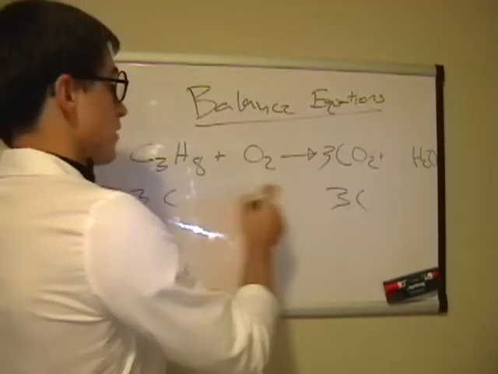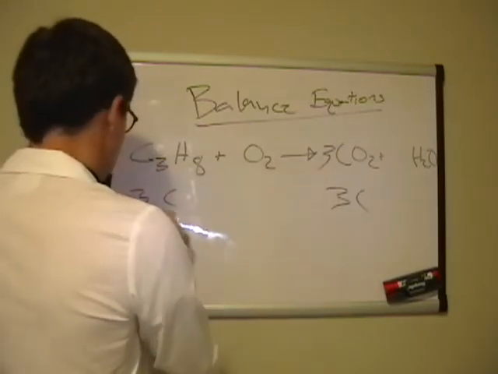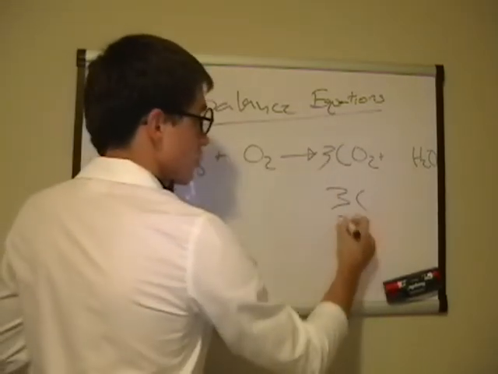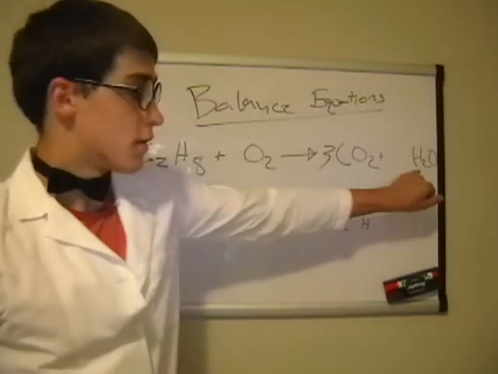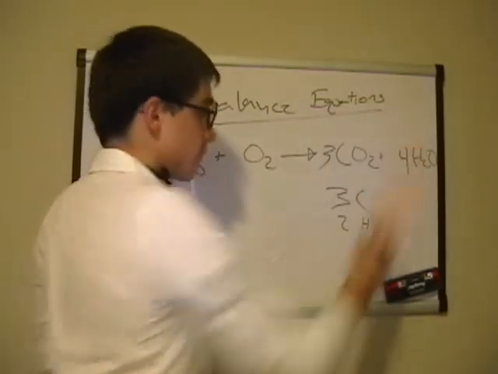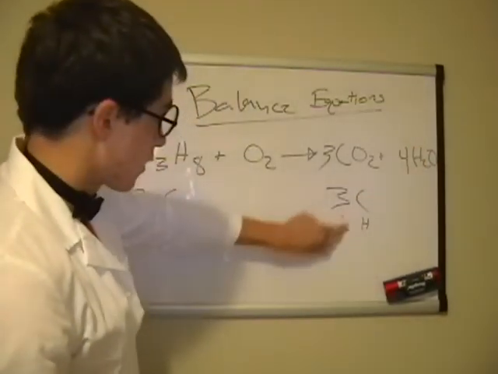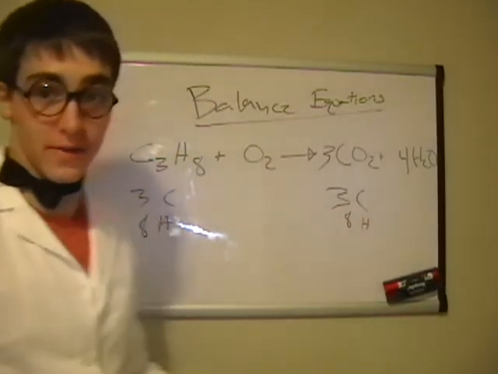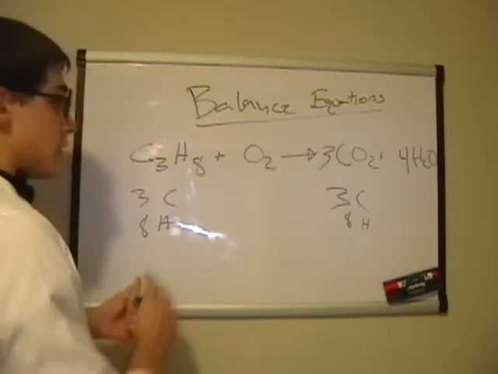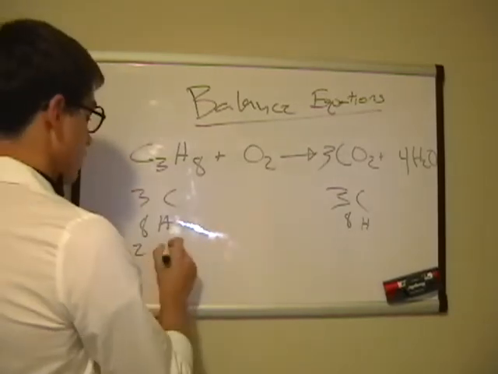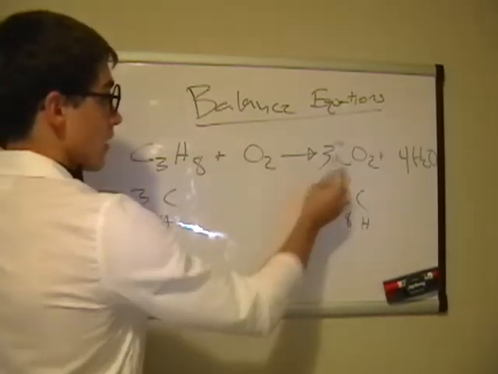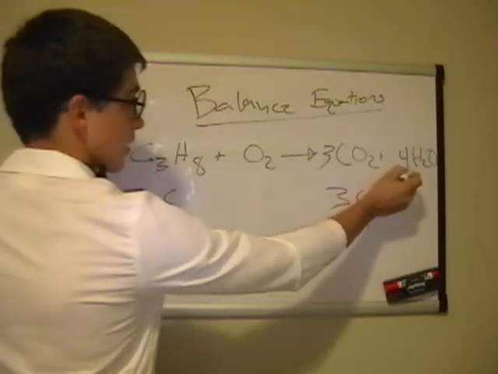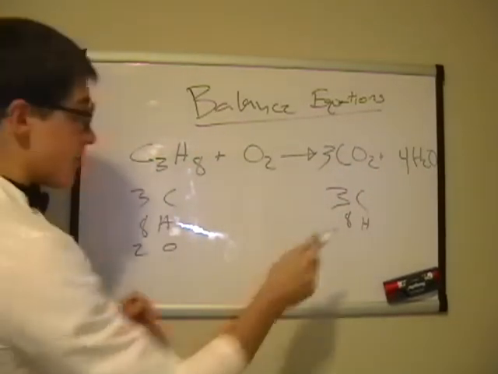So let's balance the hydrogens now. You have 8 hydrogens on this side and 2 hydrogens on this side. This is H2, multiply it by a coefficient of 4. And congratulations, the hydrogens are balanced. Now, the last step is the oxygen. So you have 2 oxygens on this side, and 6, 10 on this side.